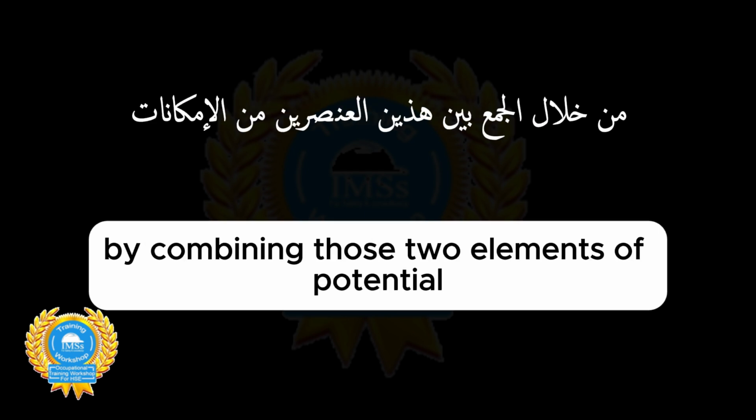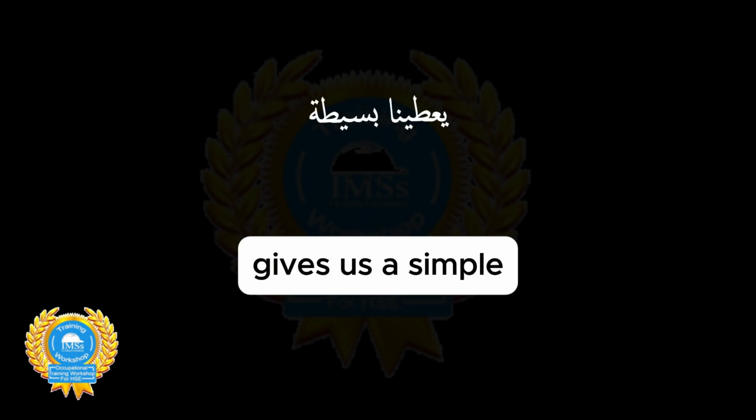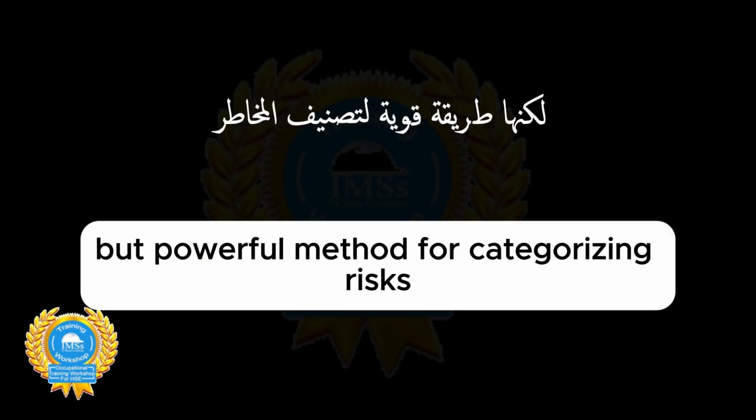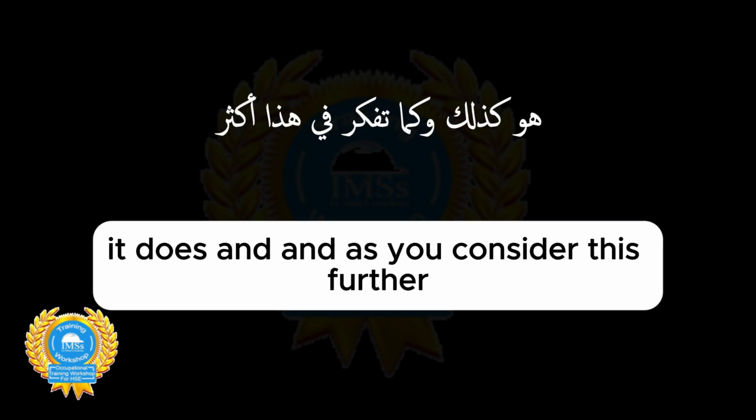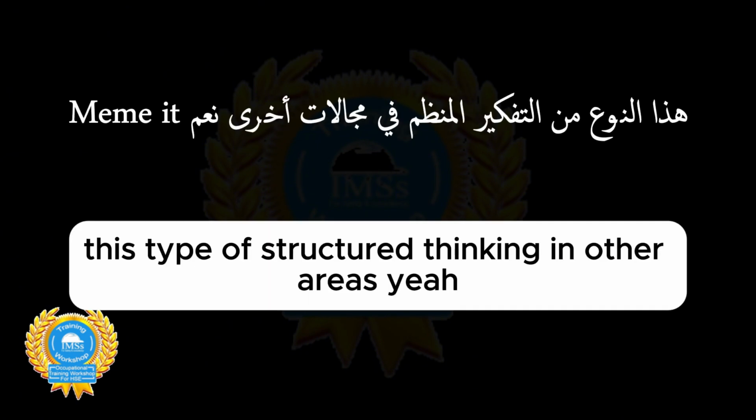To sum up this whole deep dive, the core takeaway is that the risk matrix, by combining those two elements of potential severity and probability into a single risk value, gives us a simple but powerful method for categorizing risks and informing our actions. As you consider this further, think about how you could apply this type of structured thinking in other areas.